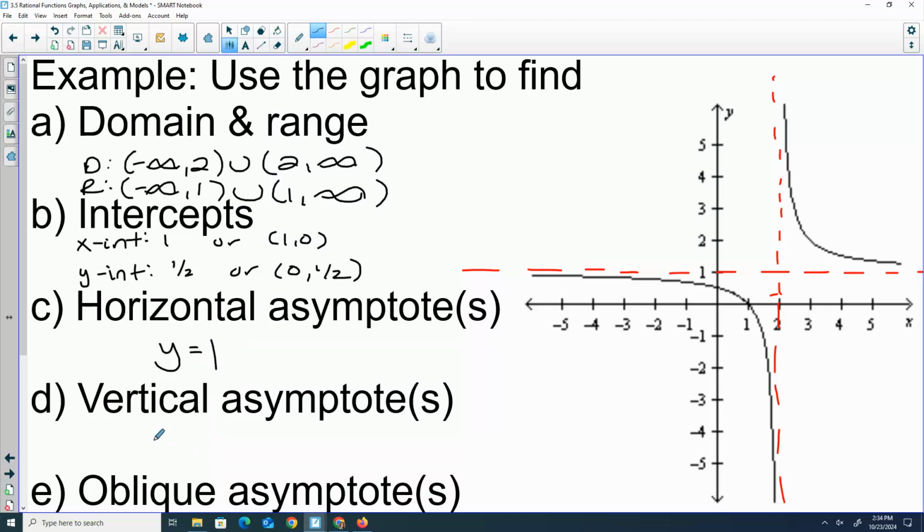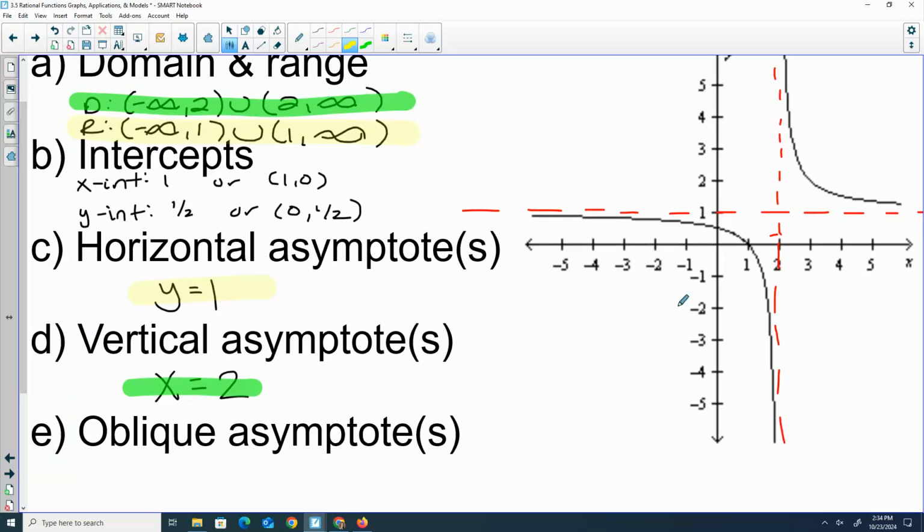What's my vertical? If we look, our vertical asymptote, that's where my domain broke, because it involves my x's. My horizontal asymptote is where my range broke apart, because that involved my y's. Oblique, is there a slanted line here my graph is getting close to? No, there is none. Alright, so do you guys kind of understand what I mean when I'm talking about these different lines and intercepts here?